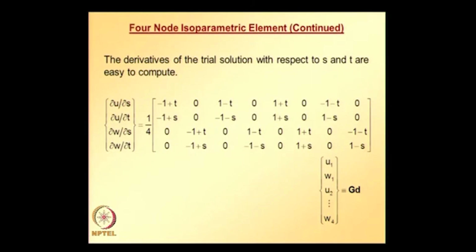Since we already know the parent element shape functions, we can easily find how this equation looks, defining an intermediate quantity G, which consists of partial derivatives of shape functions with respect to s and t, and d is the vector of displacements consisting of all components of displacements at all nodes.